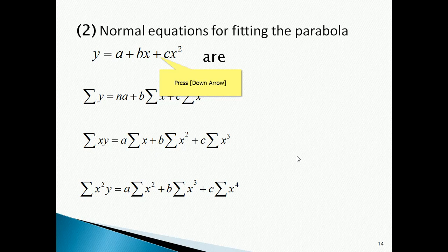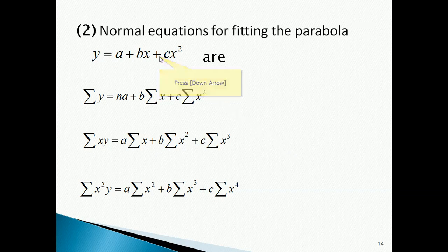Multiplying this by x, sigma xy is equal to a into sigma x plus b into sigma x square plus c into sigma x cube is the second normal equation. Now multiplying by x square, summation of x square y is equal to a into sigma x square plus b into sigma x cube plus c into sigma x power 4, the third normal equation.